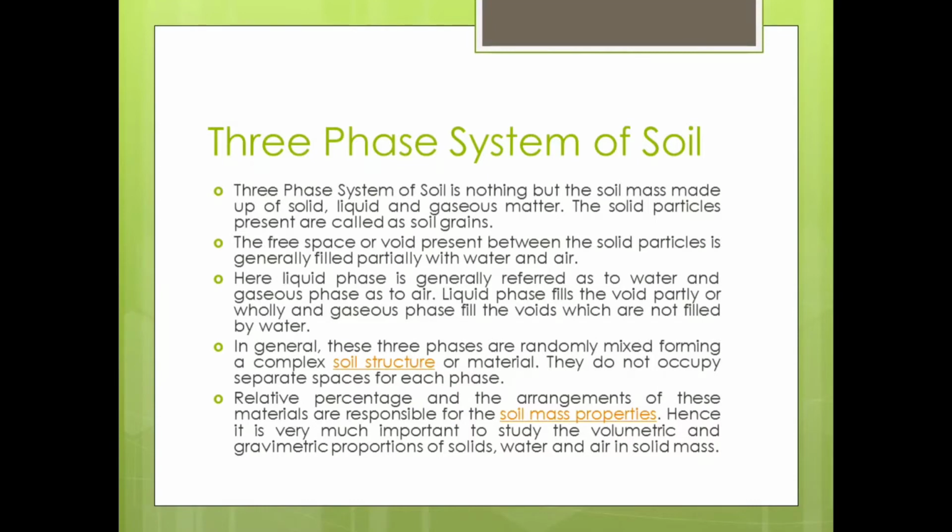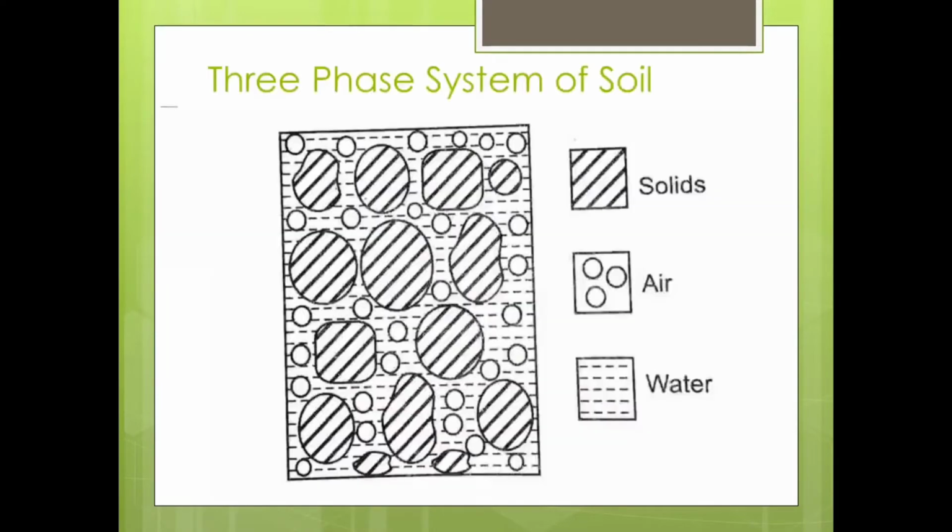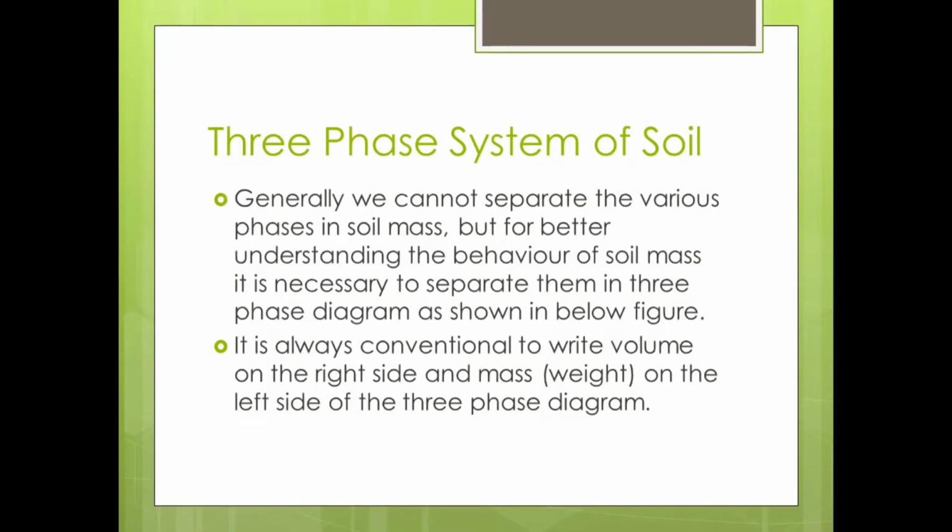Whenever you are studying or analyzing a soil system, you need to consider different phases of soil. Let us see what those different phases are. First and foremost important is the three-phase system of soil, and usually we cannot separate out the three different phases.